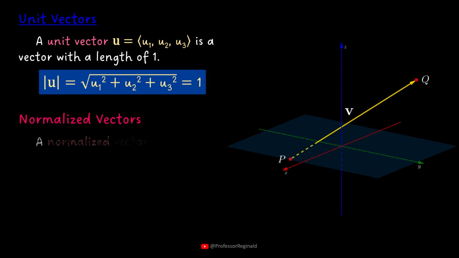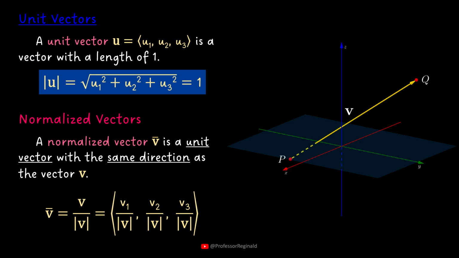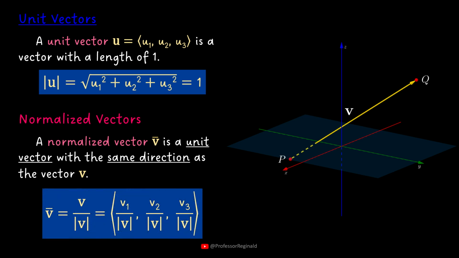A normalized vector V bar is a unit vector with the same direction as the vector V, and it is the vector V divided by the norm of vector V. In the figure, V bar is the normalized vector V. It has a magnitude of 1 and points in the same direction as vector V.